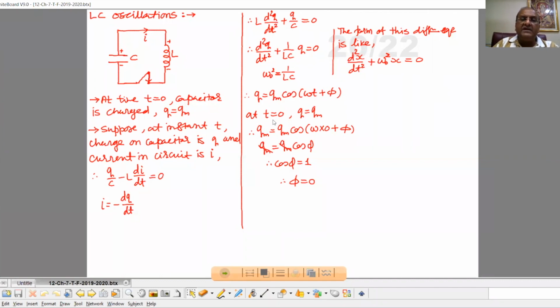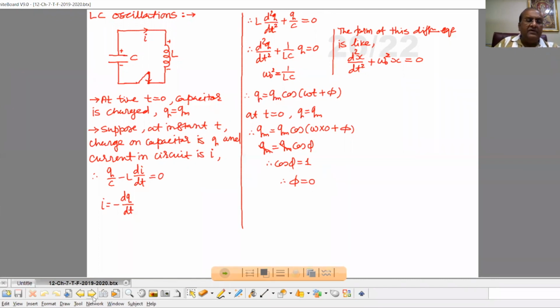Now at time t equal to 0, q equal to qm, as we discussed at the very first. At time t equal to 0, the capacitor is fully charged, so that is the maximum charge on the capacitor. So in this equation, if we substitute t equal to 0 and q equal to qm, we will get cos phi equal to 1. So phi equals 0.